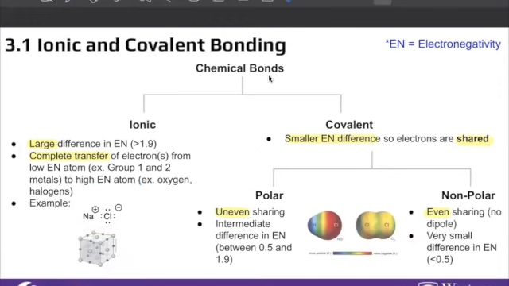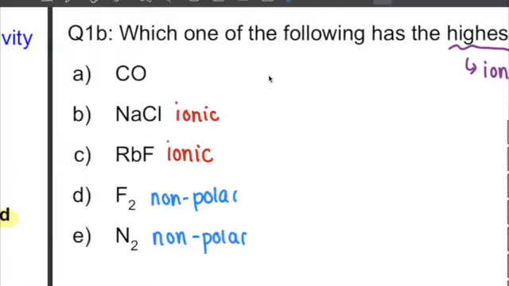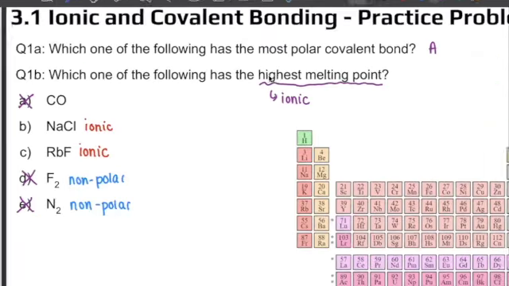So it's going to take a lot of energy to break that apart to become a liquid or to melt it. So if we're thinking about ionic compounds, then we know that we're basically going to be focusing on B and C. So we can eliminate those other options.